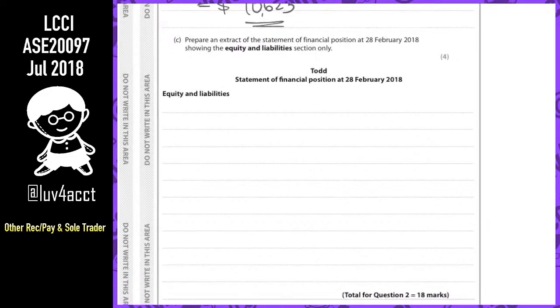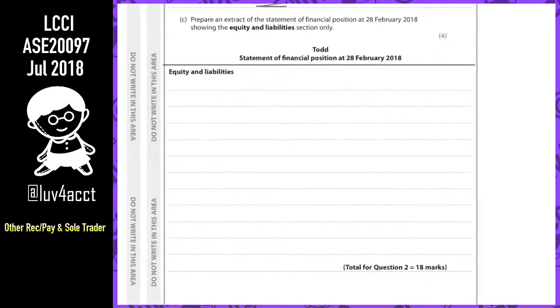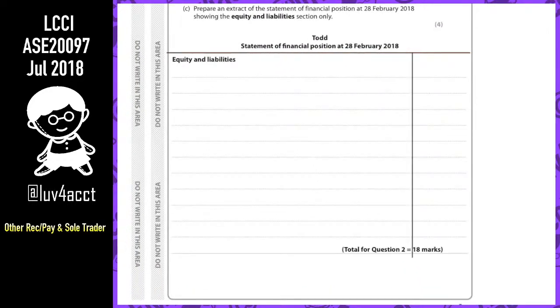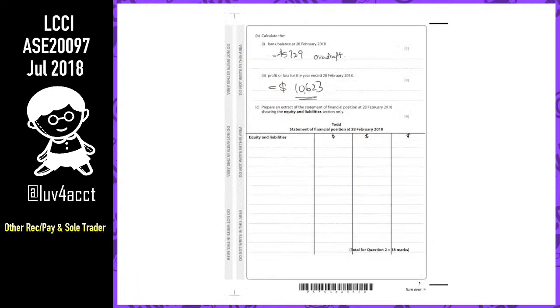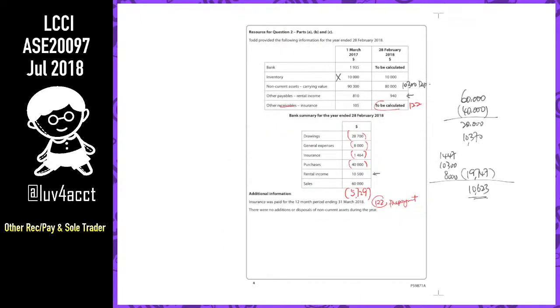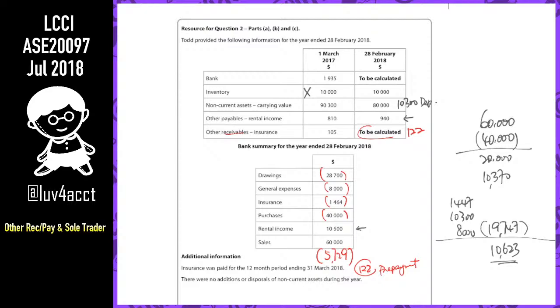Next we have to give the equity and liability section of the statement of financial position. Here we have 2 columns enough. I'll make it 3. Opening equity we can calculate from the opening balances: bank, inventory, and all this.